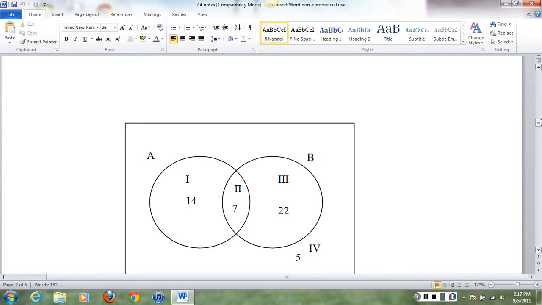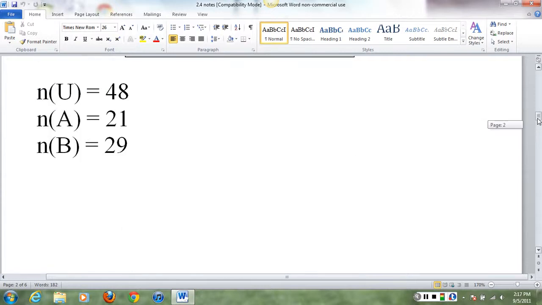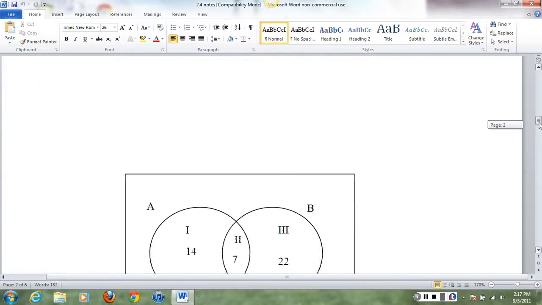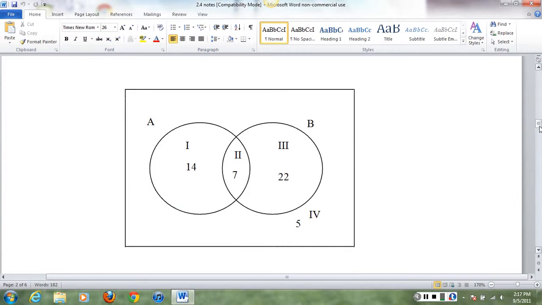Now, if you wonder where that 5 comes from, the overall number of elements in the universal is 48. So if there's 48, let's see how much we have just in those first three sections.